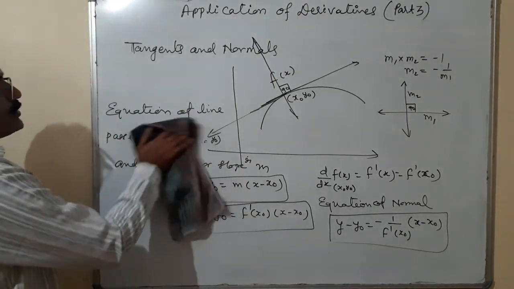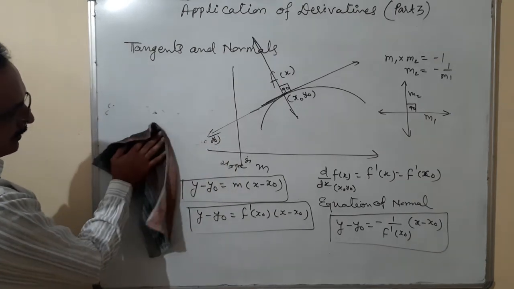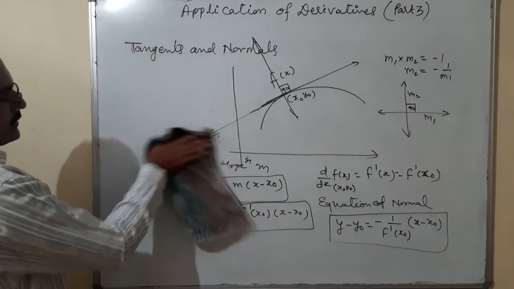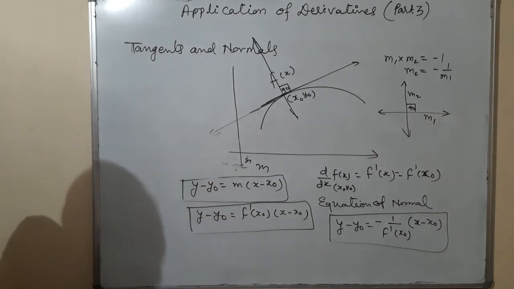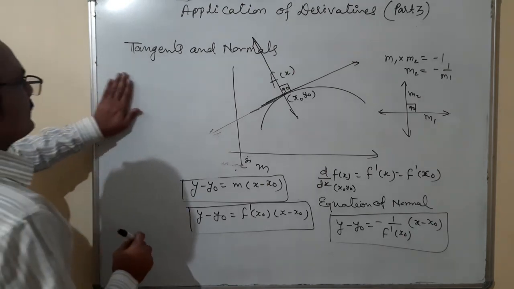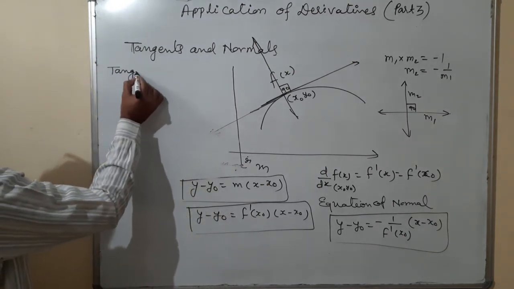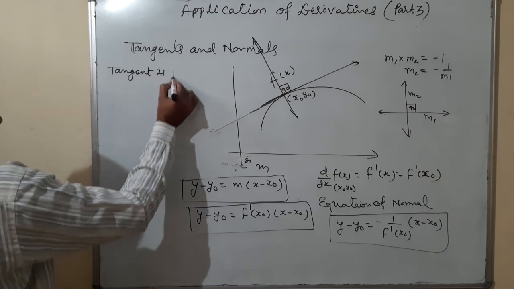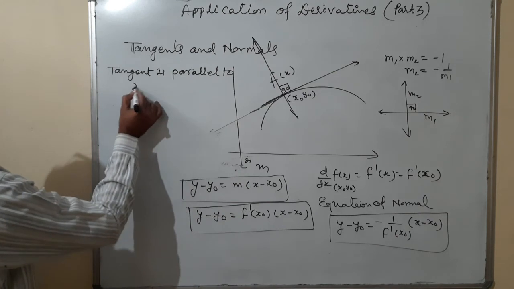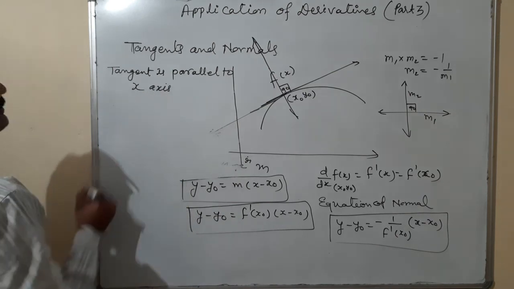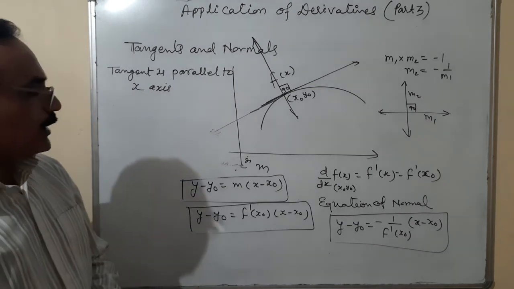Now we are talking about two special cases. Special case number 1: if the tangent is parallel to the x-axis, then what happens?